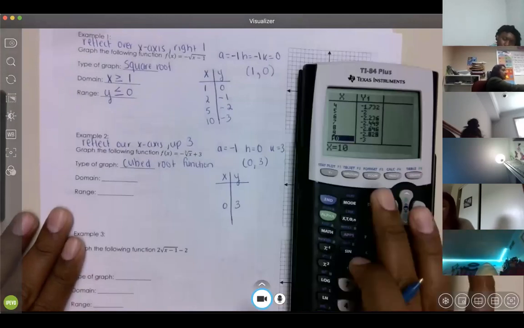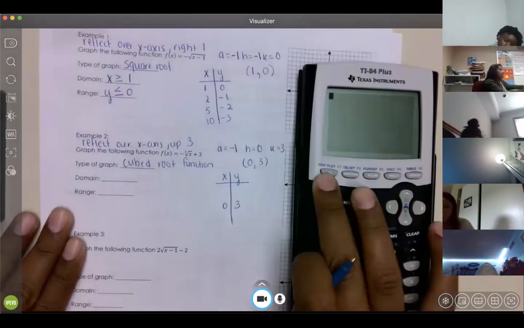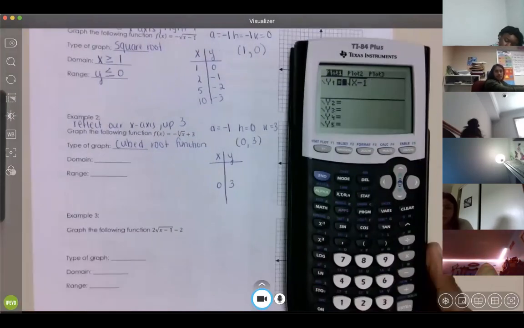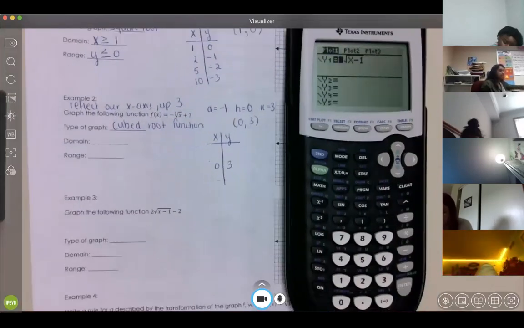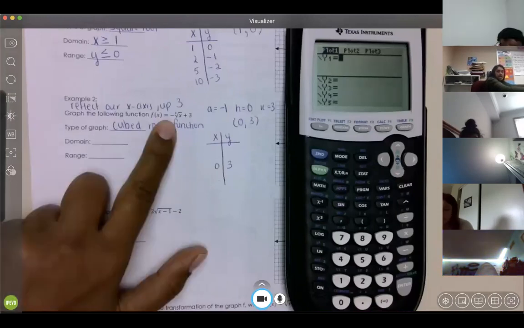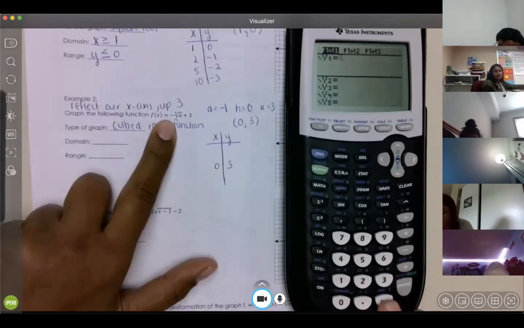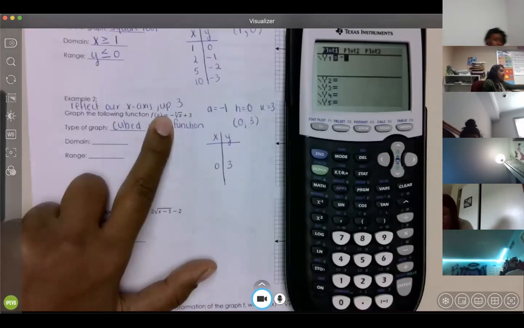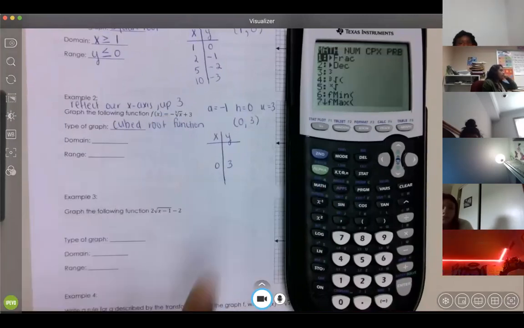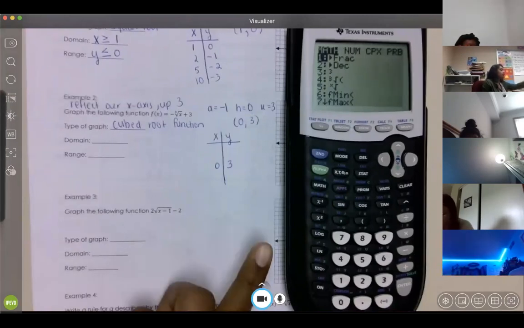So you're going to go to y equals to plug in your function. You're going to press clear to clear out the old function, and then you're going to type in the new function. So you've got the negative sign right here under the 3. And now you want to get the cubed root. To get the cubed root on your calculator, you're going to have to hit math, then option number 4 for cube.